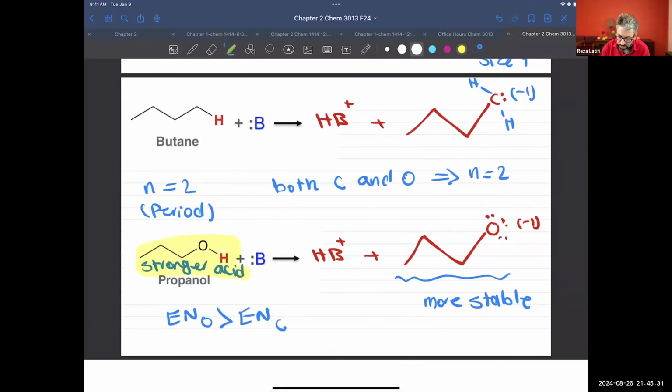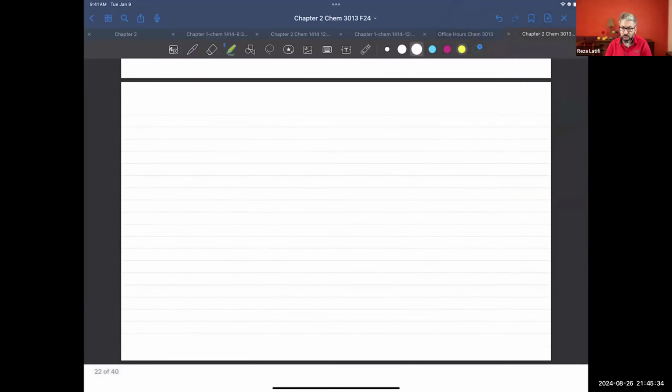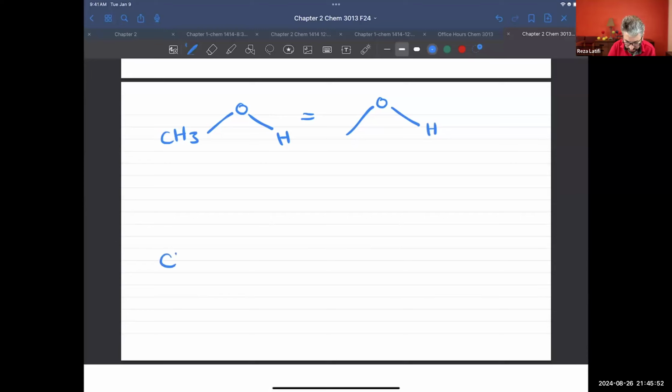Next, what will happen if we go down in one group? Let's write this example. We have CH3 attached to oxygen, then we have hydrogen. And the next example is CH3 attached to sulfur, and then hydrogen.